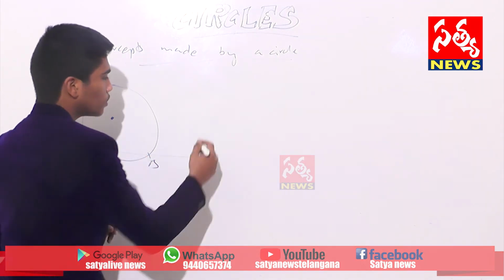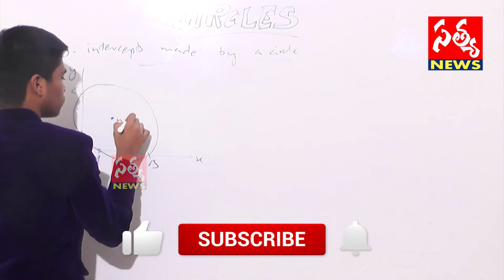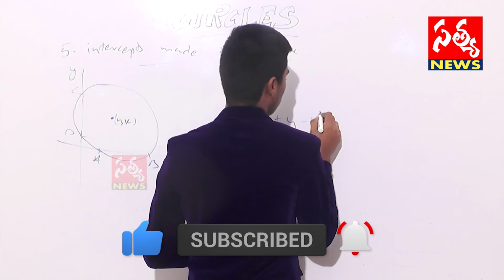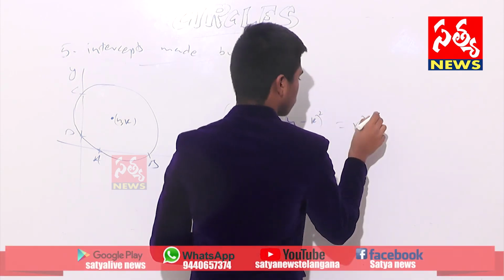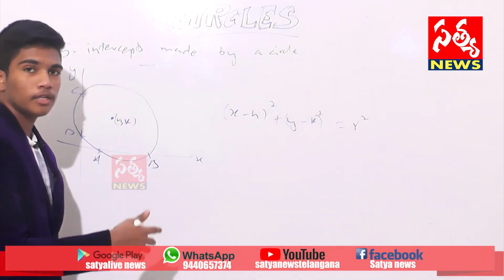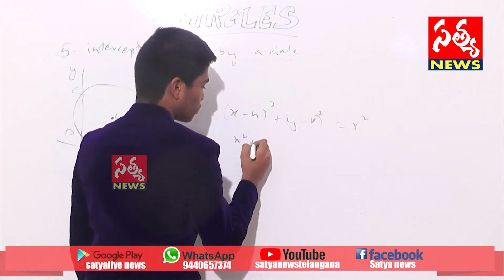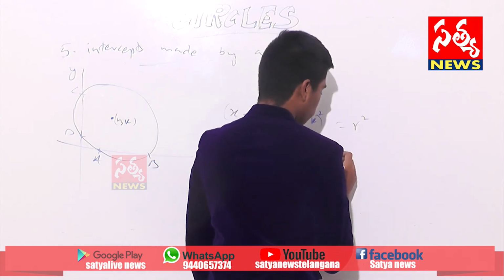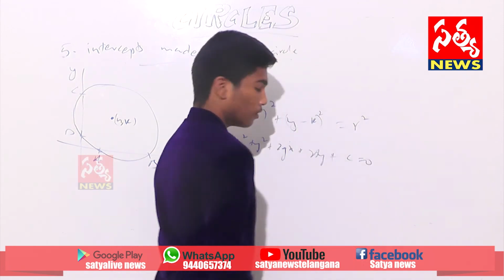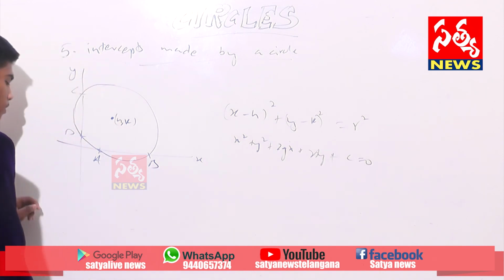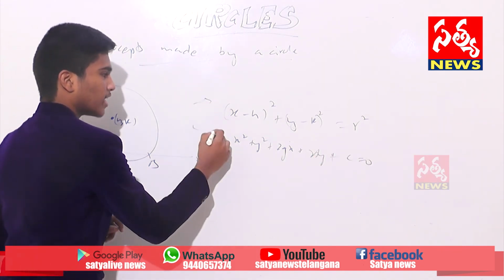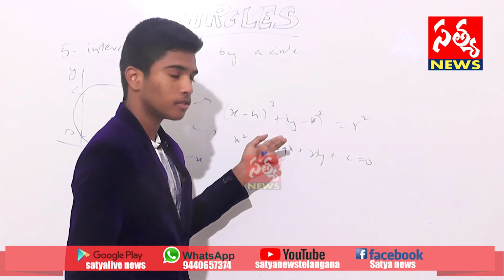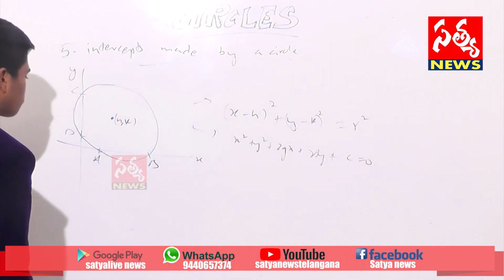Now the general equation is x minus h whole square plus y minus k whole square equals r square, right? Or else we can write it in the form of x square plus y square plus 2gx plus 2fy plus c equals 0, okay? These are the general equations where g is minus h and f is minus k, right?